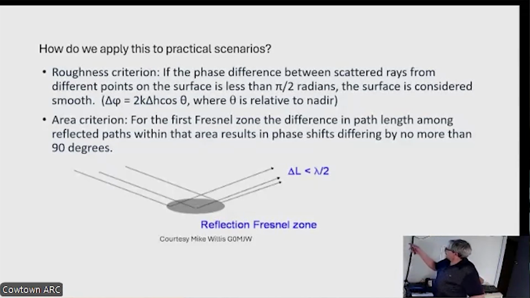And so this is where the idea of Fresnel zone comes into play. So in this particular case, again, we're looking for situations where, as we look over that surface, we want to make sure that all the ray components are less than λ/2 different from each other in order to be able to apply that concept of Fresnel zone.